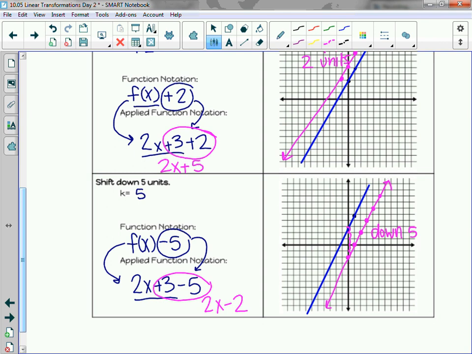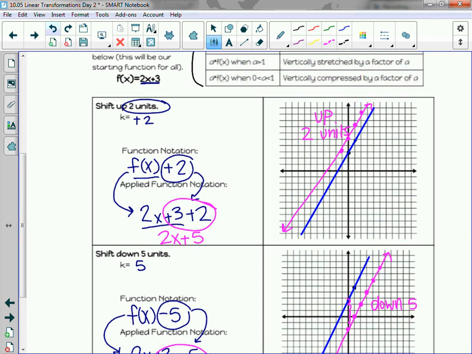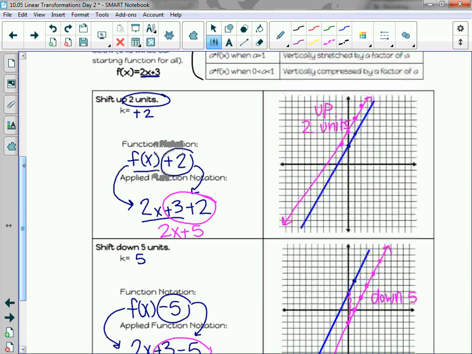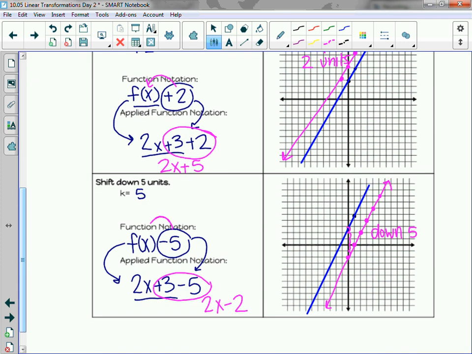Let's take a second before we go over to the next page and look at our function notation. Remember at the beginning I said vertical rules always happen outside the parentheses. So let's see. Was the +2 outside of the parentheses? Yes, it was. Was the -5 outside of the parentheses? Yes, it was.